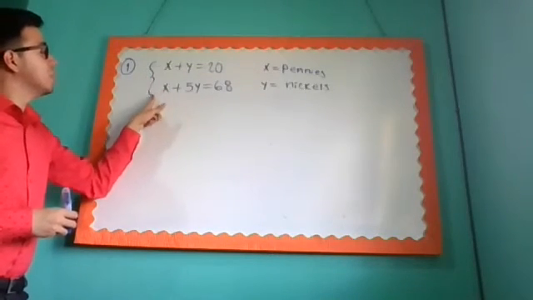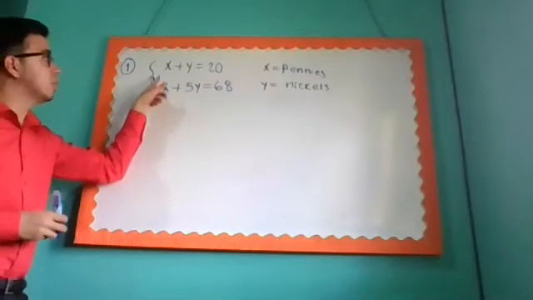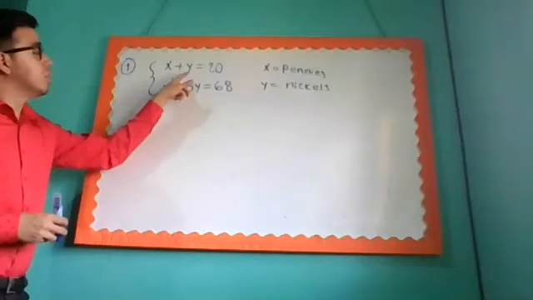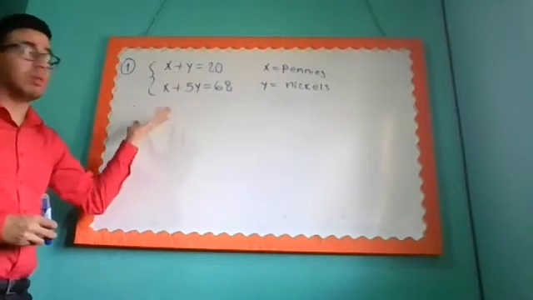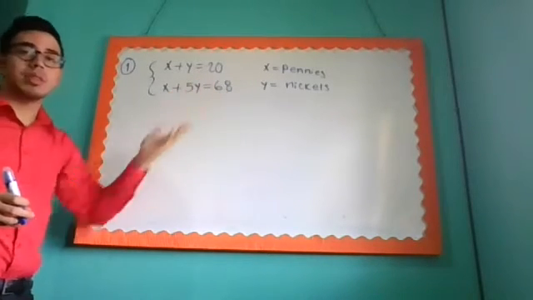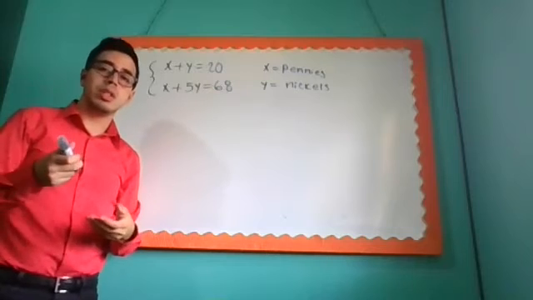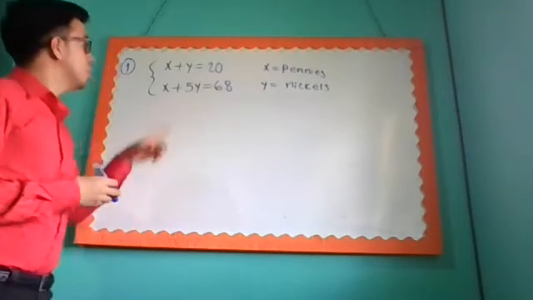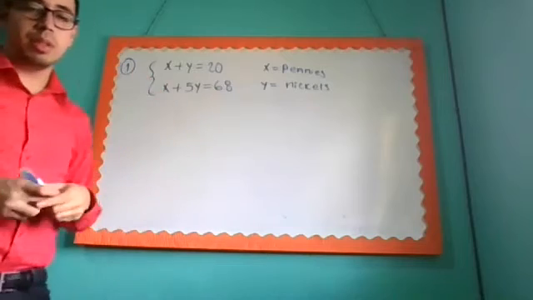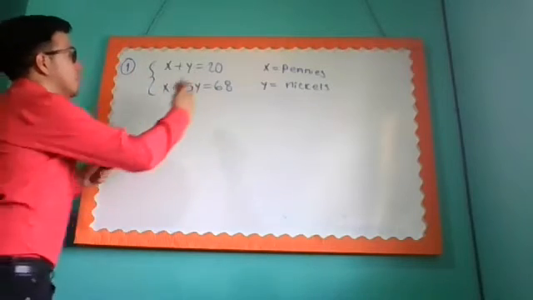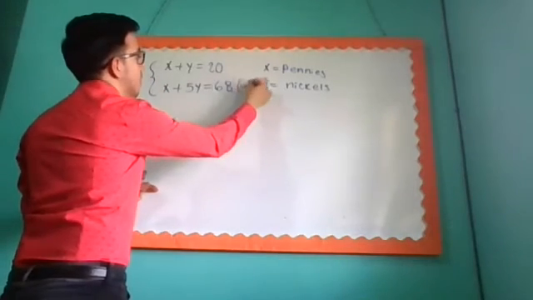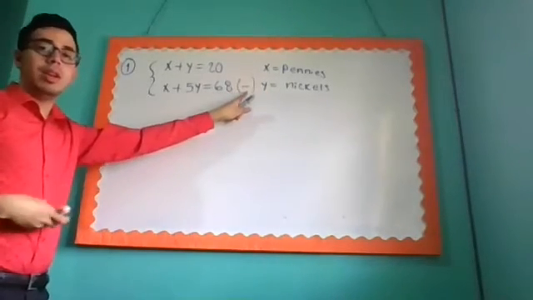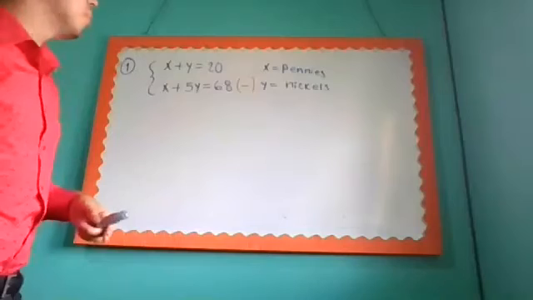Both of them are positive, so if I add, they are going to be 2x, so they don't eliminate. In here, if I add, you have 6y, so they don't eliminate. So we need to change the sign of this one. You need to modify the equation. I'm going to multiply this second one by negative, only that if you multiply by a negative sign in here, you need to modify all the terms.